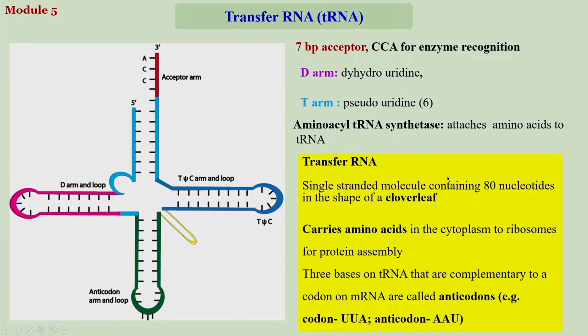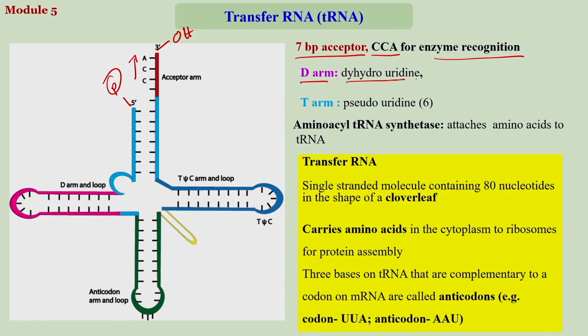Now, let us look again. Here I have mentioned some of these features. The tRNA has a 7 base pair acceptor stem, and the end sequence has to be CC. If you read in the 5' to 3' direction, it has to be CCA, and of course there has to be a free hydroxyl group and a free phosphate group. This sequence is required for enzyme recognition.